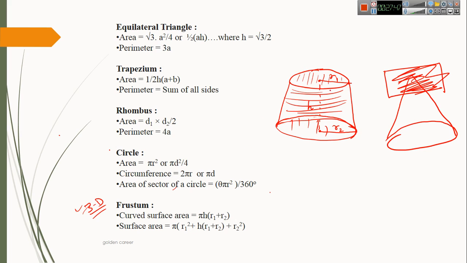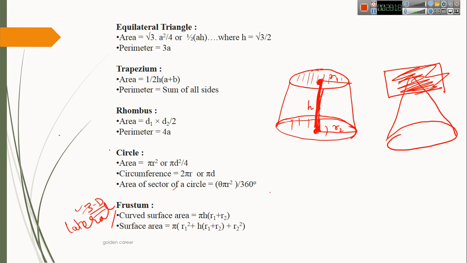So for a frustum, the curved surface area, which is also known as lateral surface area, is equal to pi into h. Here we can see in this figure, h is the distance between the top and the bottom. This is the height.